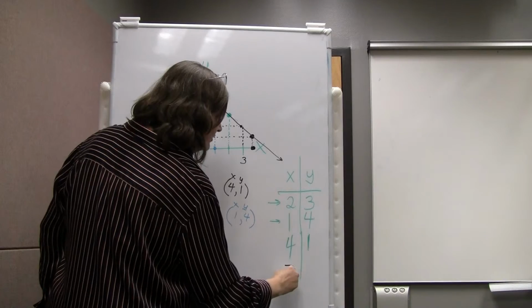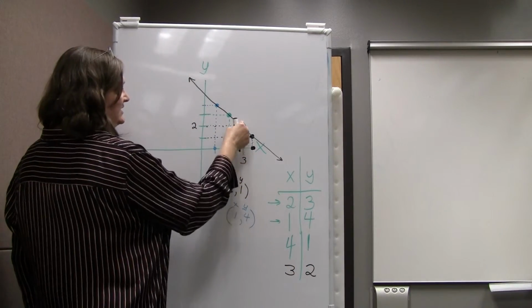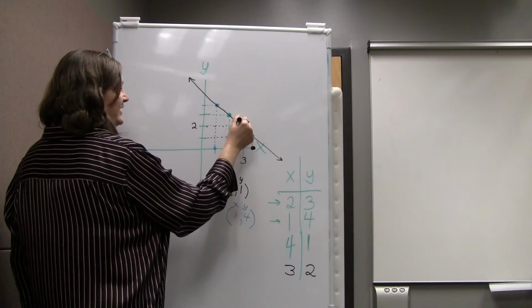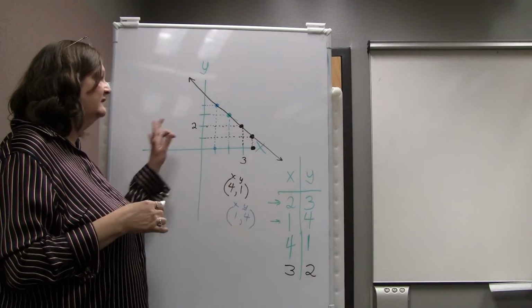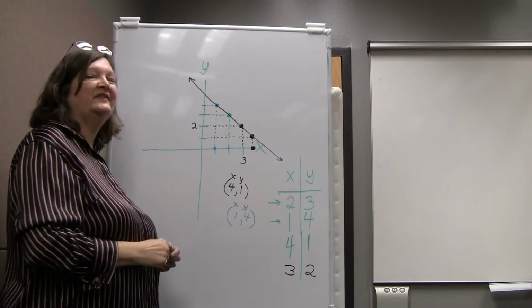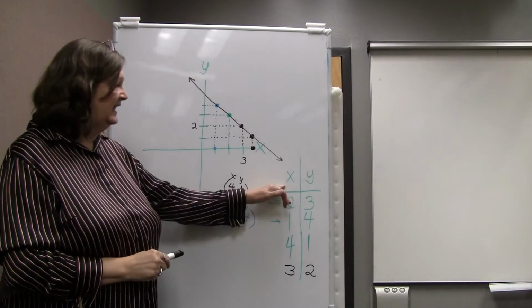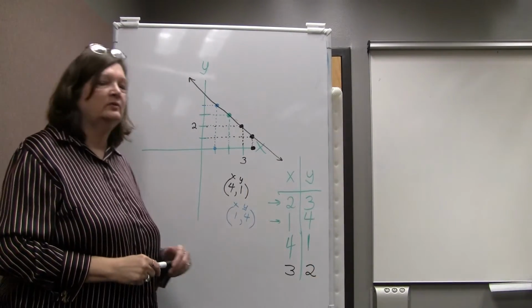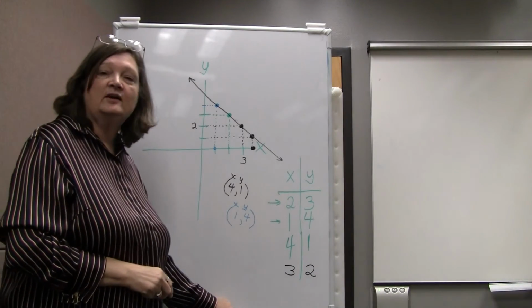So now looking at the graph, I can go backwards and actually see what this point on the line is. So this all fits together. Again, this line is made up of an infinite number of points. I can make x anything and then just determine what y has to be. I hope this helps.